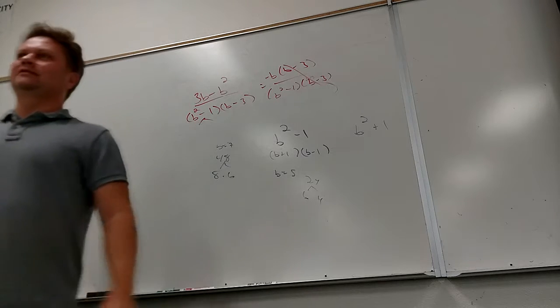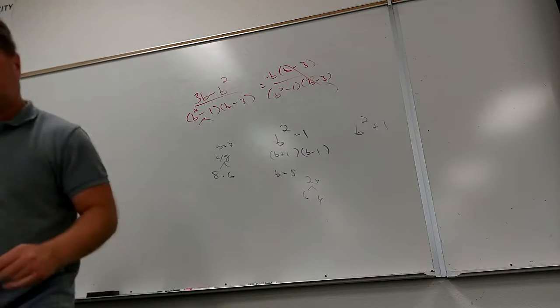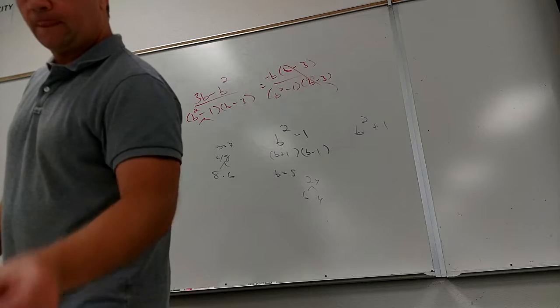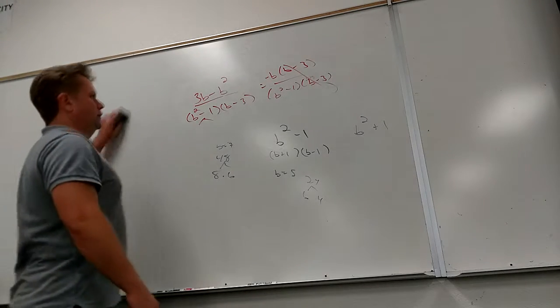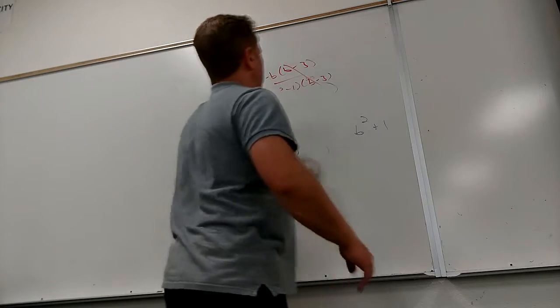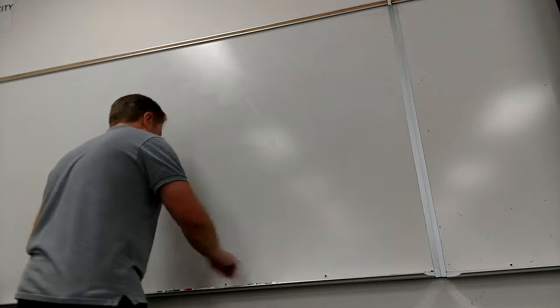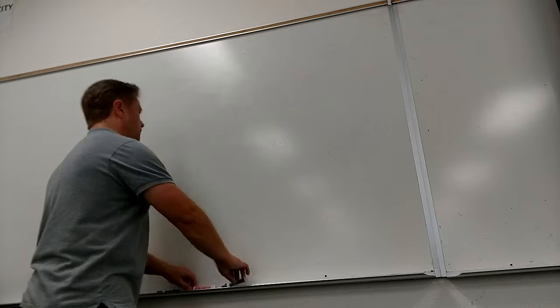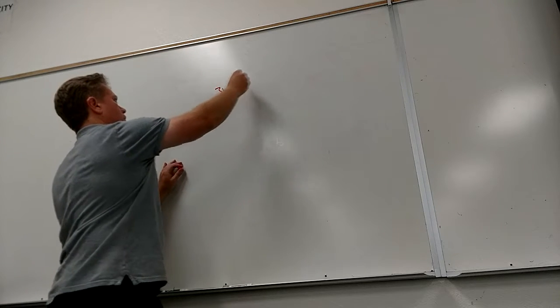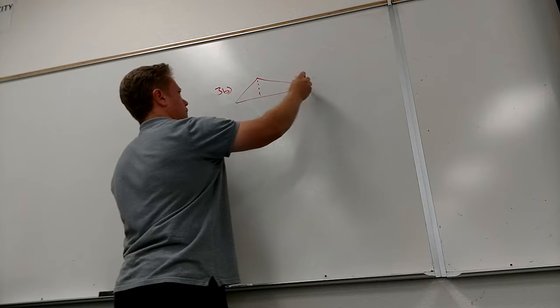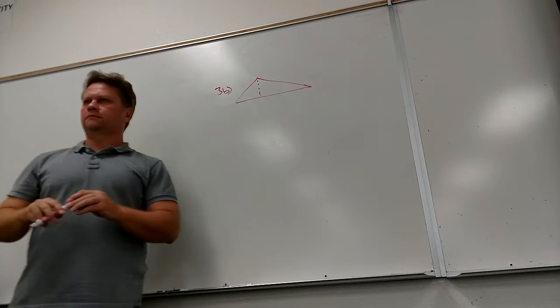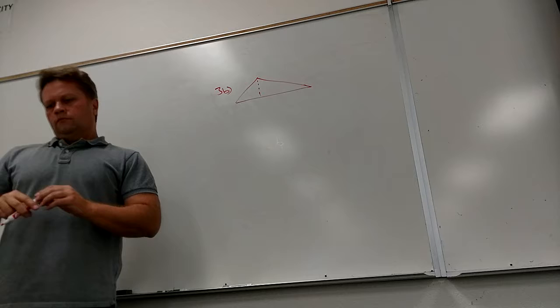That's all good. 3B? 3B. Oh yeah, 3B is awesome. 3B is that triangle problem. So again, what's the good first step on 3B? Draw the picture. What's it say?